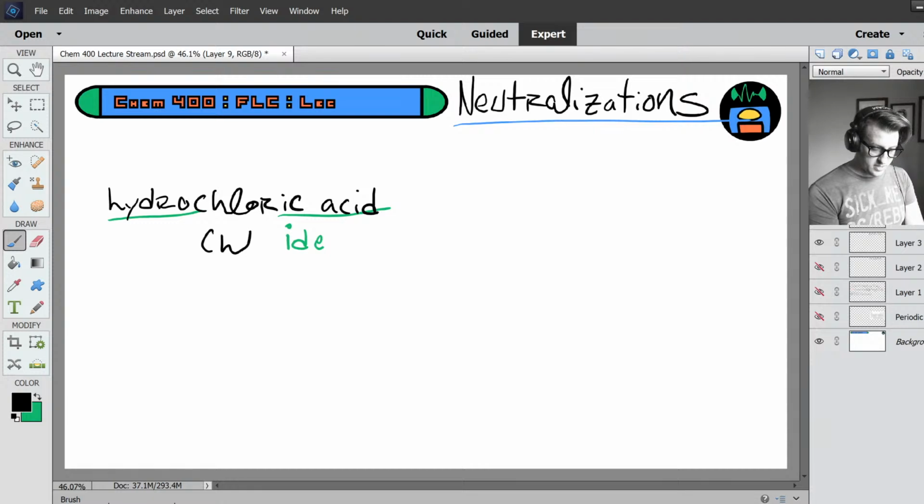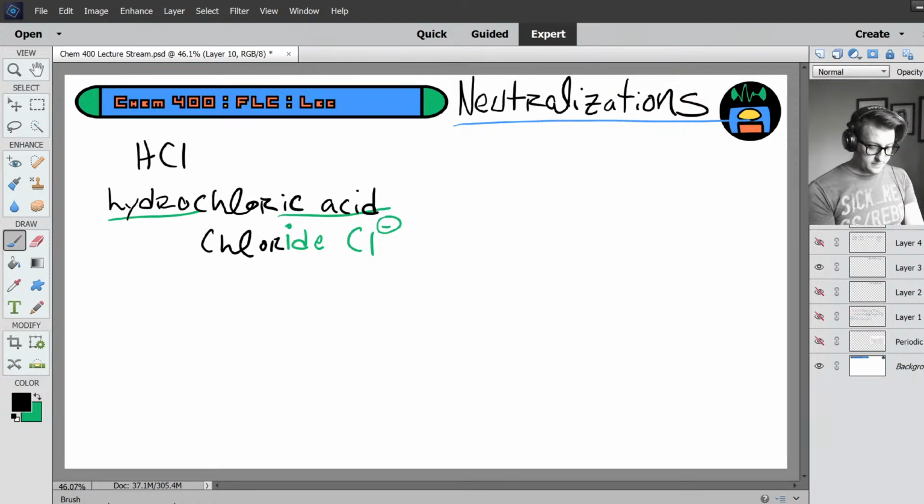So we're dealing with chloride, which is just Cl minus, right? It's when atomic chlorine becomes anionic, Cl minus. So first off, that tells us that our acid here is HCl. That'll be in the aqueous phase.